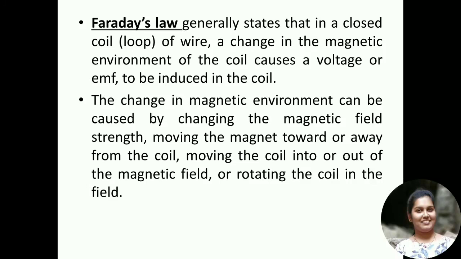in the field. So as I said, we take two fields, one is the magnetic field, the other is the electric field. If you want to change this magnetic environment, we can do so by changing the magnetic field strength between the two magnets, north pole and south pole, or by moving the magnet away from the electric field, that is, from the coil, or by moving the coil in and out of the magnetic field.